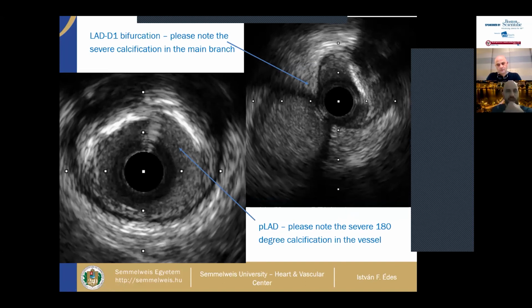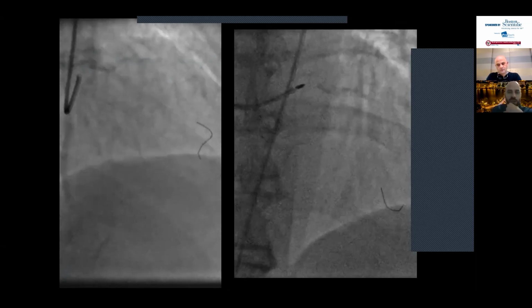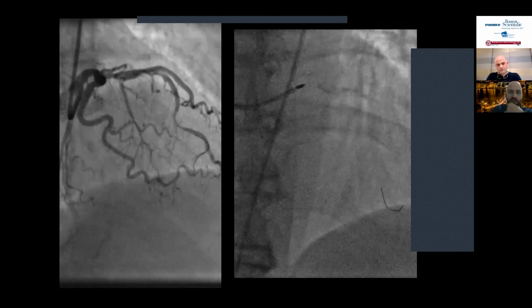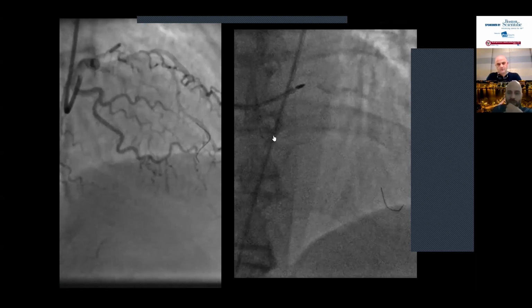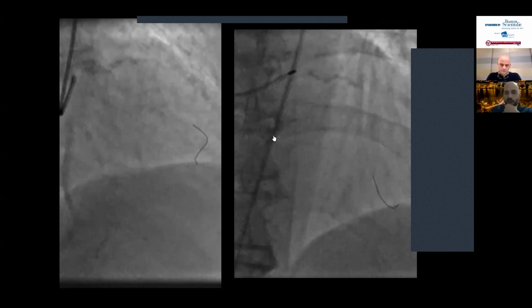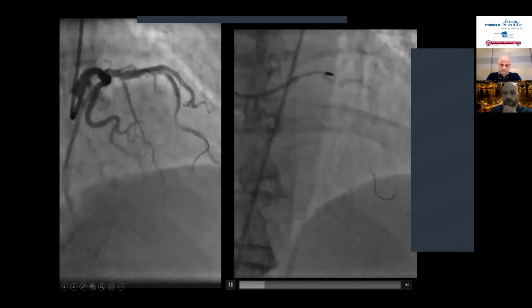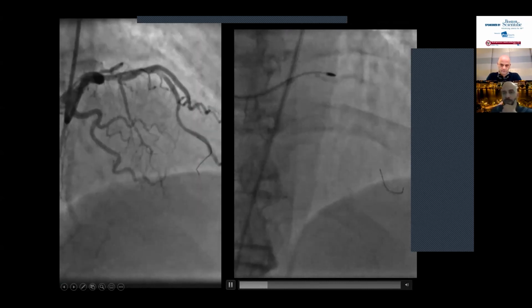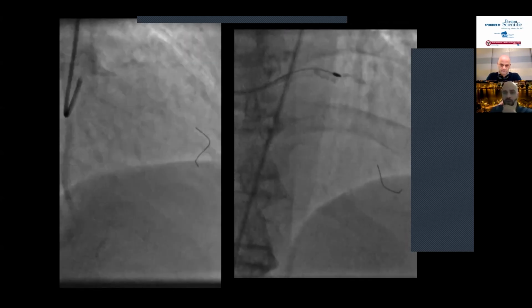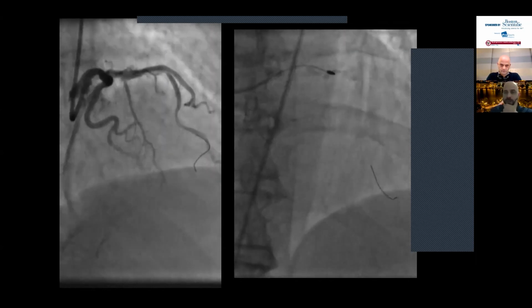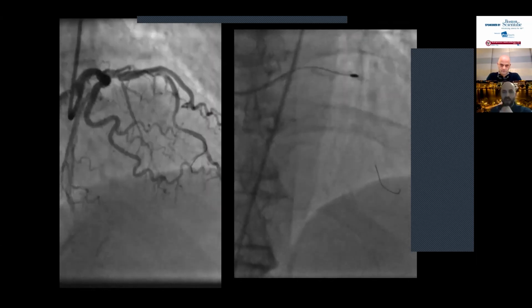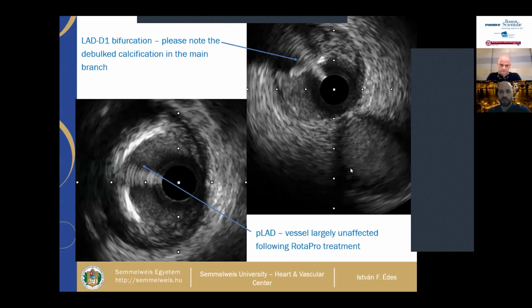Therefore, we started initially with the rotational atherectomy of the vessel. It was a 1.5 millimeter burr, and around the second or third run with the burr, I was able to pass the lesion. I IVUSed it again, and note the debulked calcification in this proximal LAD D1 bifurcation right here.